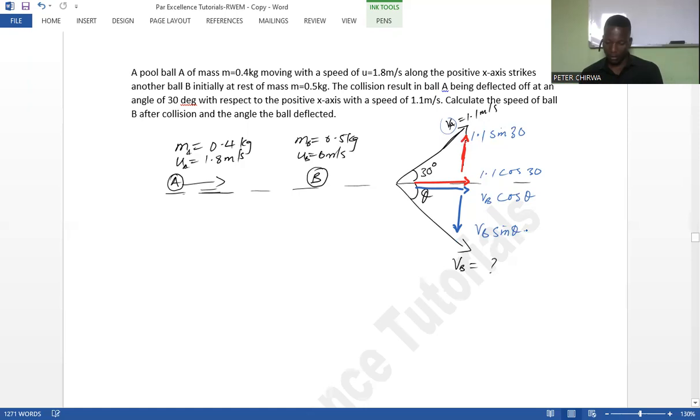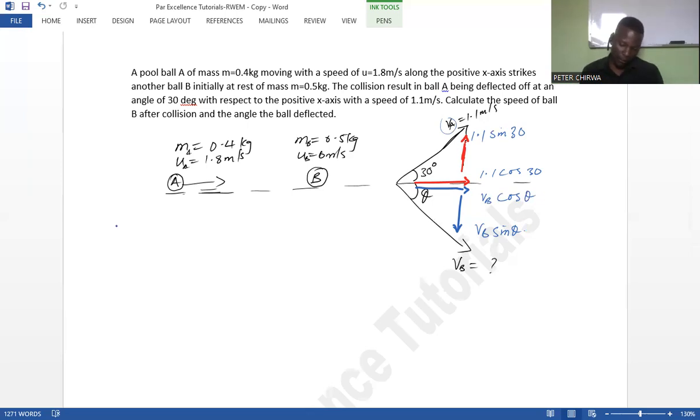All right. So we have made things easy now. Then we need to look at the conservation of linear momentum. In this case, it's in two dimensions, so we're going to take the x motion and the vertical motion separately.